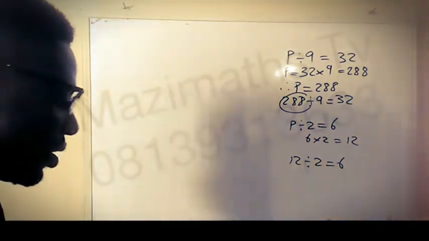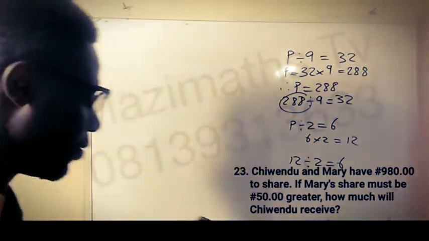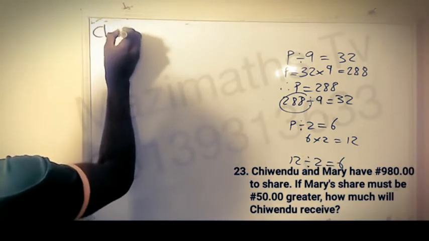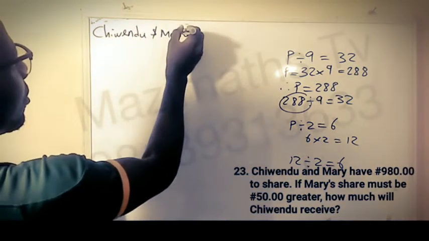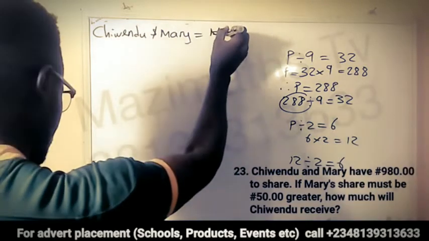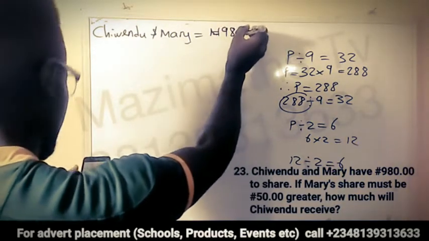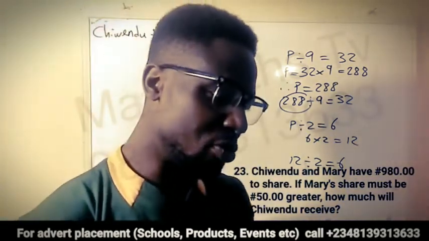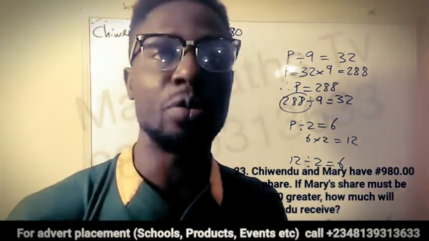Okay, question 23. Chiwendu and Mary have the sum of 980 naira to share. So if Mary's share must be 50 naira greater, how much will Chiwendu receive?